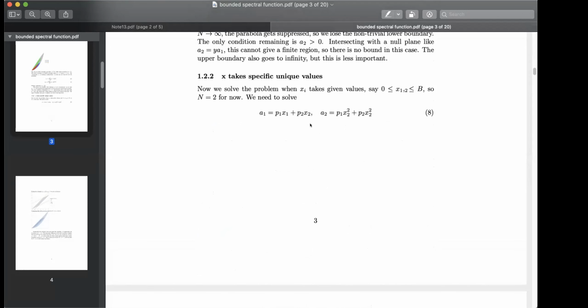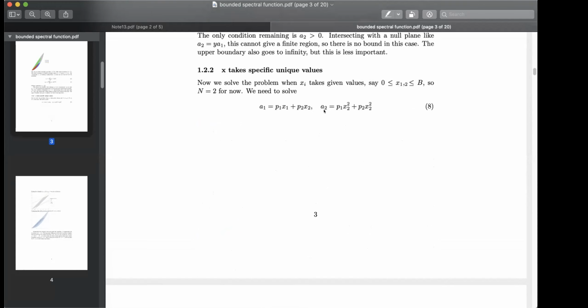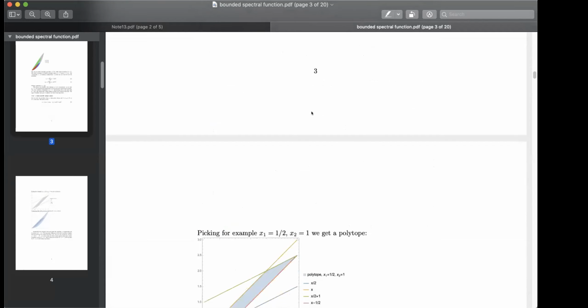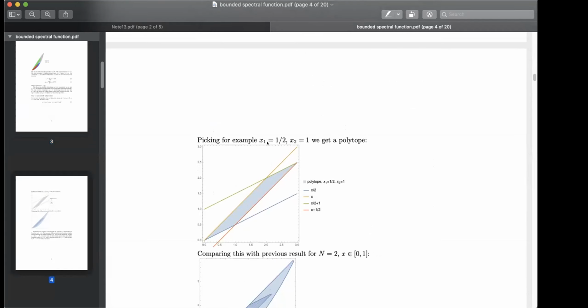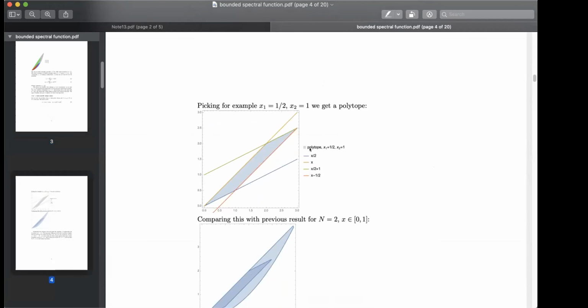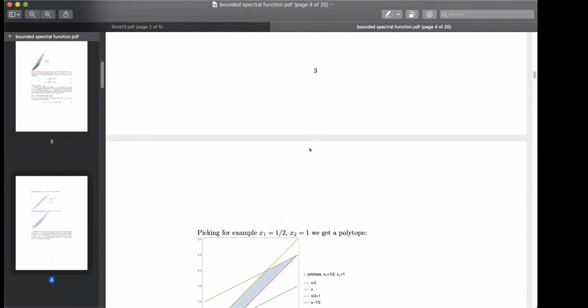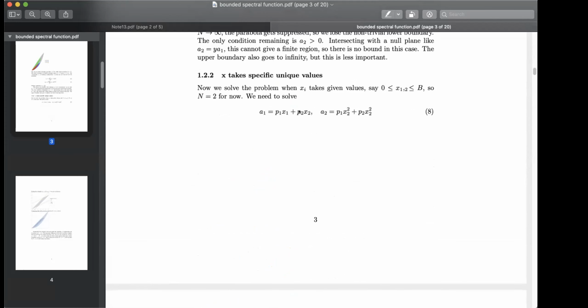Okay, so here it is. First you start with two spins, like two states, say for example a half and 1. The way you solve analytically is you plug those in here and solve for P. What is being bounded?